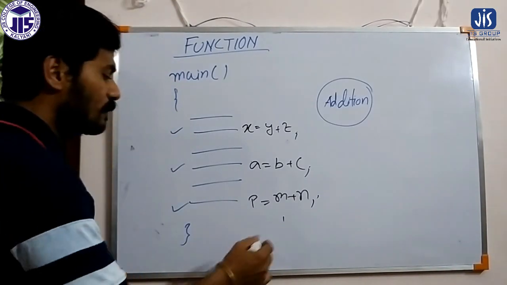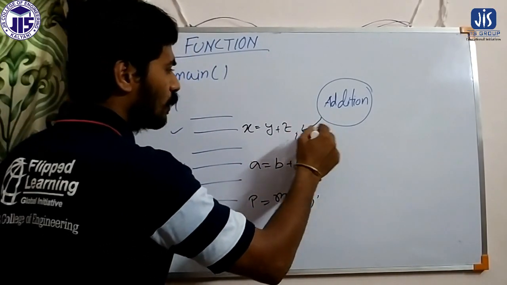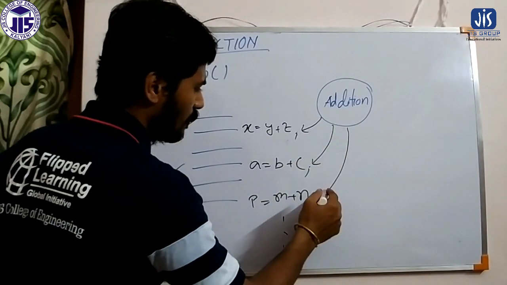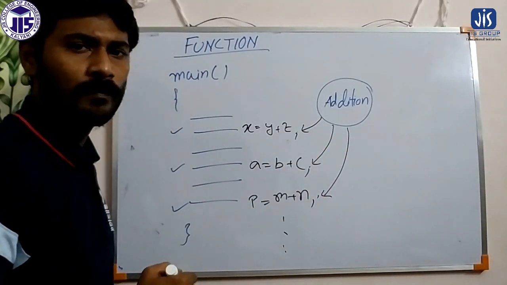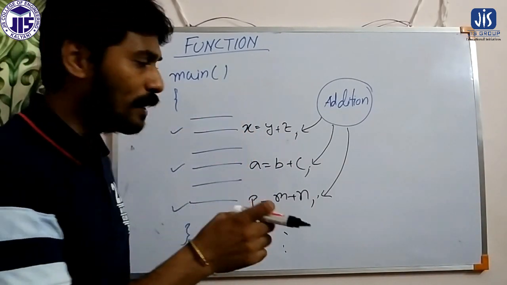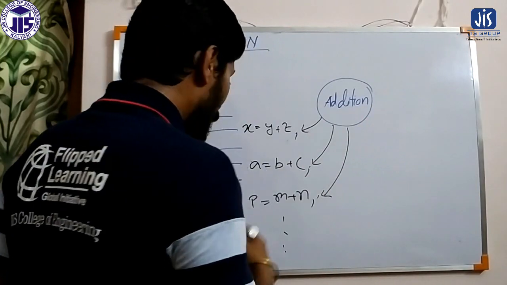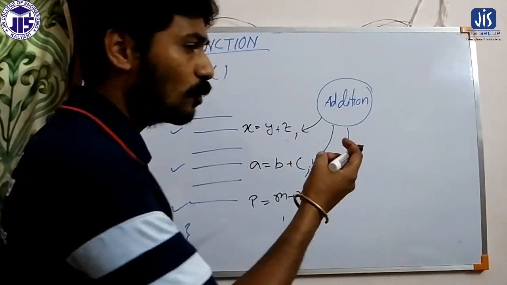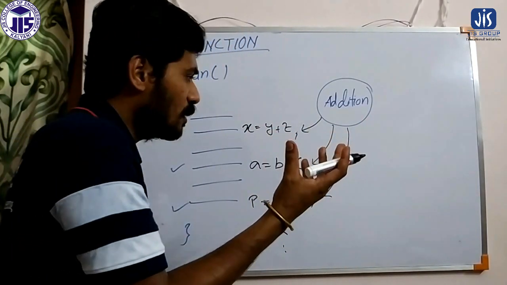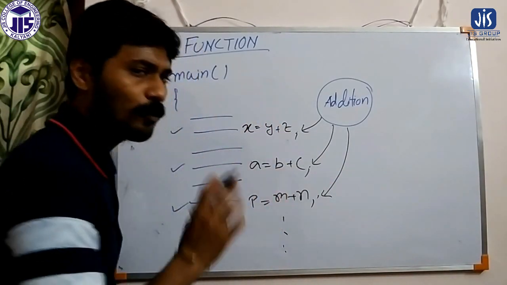So if this addition operation is required multiple times in the program, we have to write this addition instruction repeatedly. Now this addition is only a one-instruction operation, but we have to write it multiple times. If we select some other operation that requires 100 instructions, we have to write those 100 instructions again and again in the program.